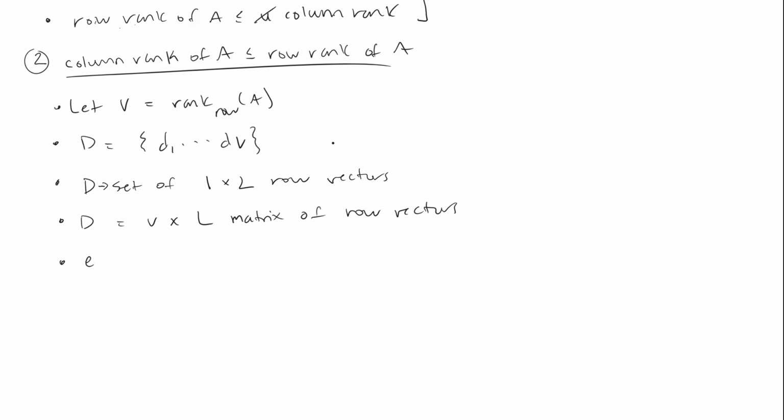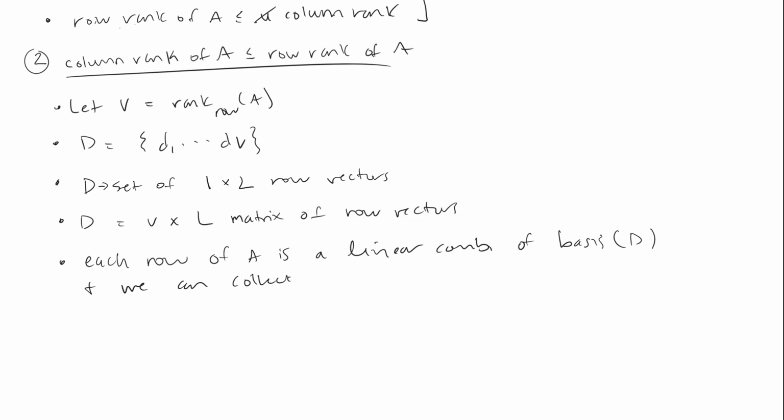So we can say that each row of A is a linear combination of this basis D, and we can collect the coefficients into a matrix.